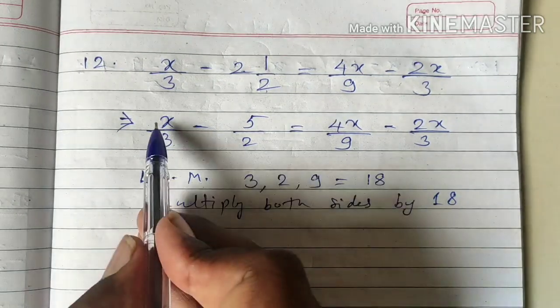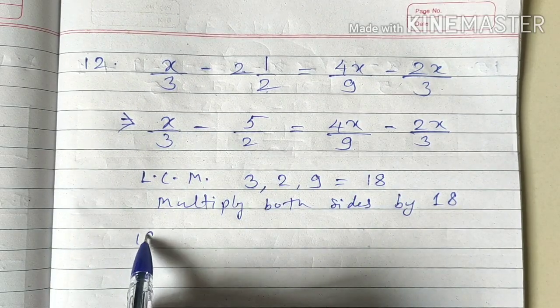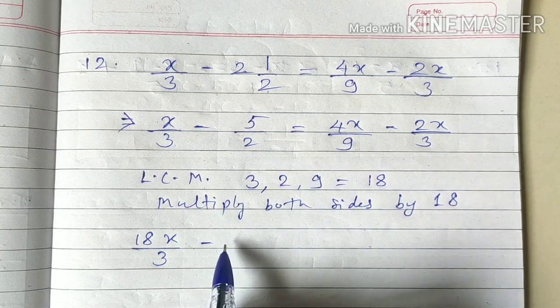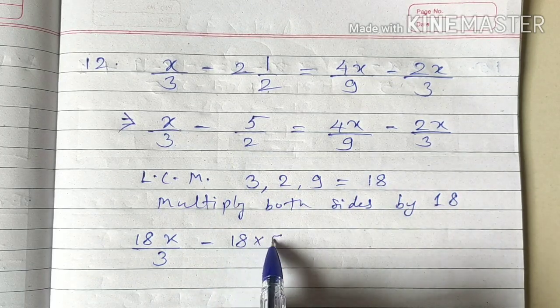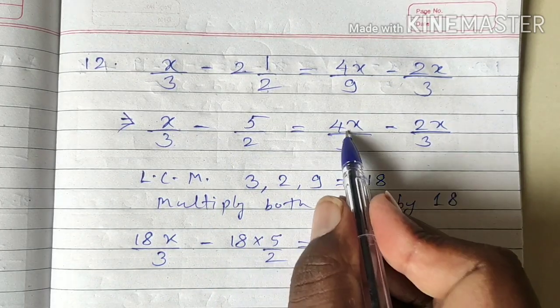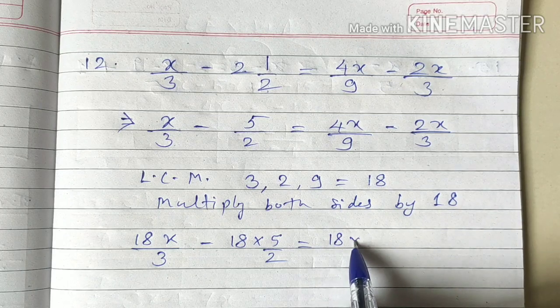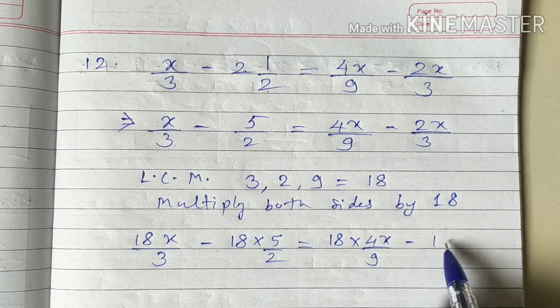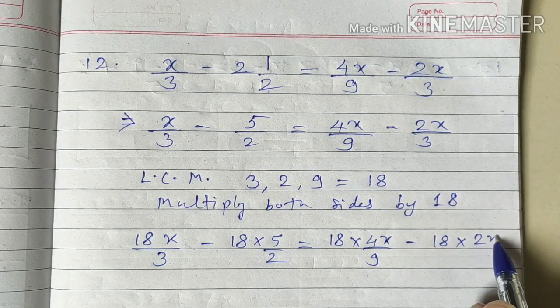Now the first number is multiplied by 18, so it becomes 18x upon 3, minus the second number multiplied by 18. This next number is multiplied by 18, and also this last number is also multiplied by 18.